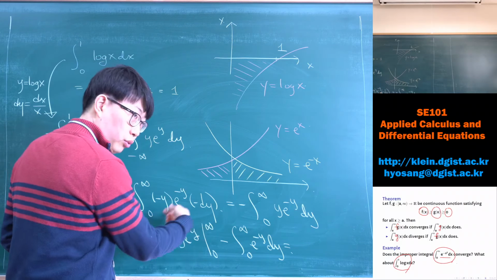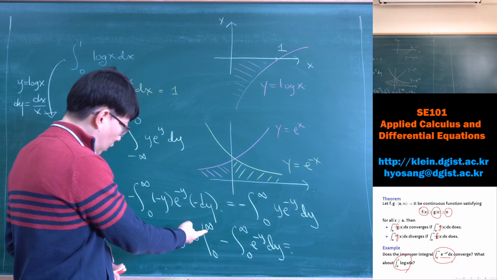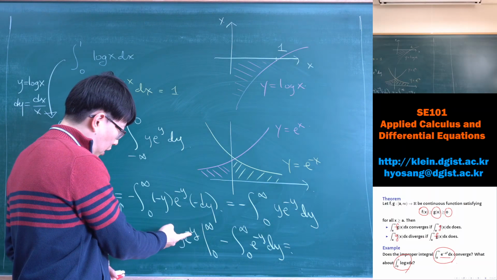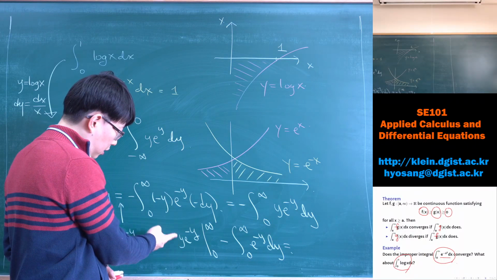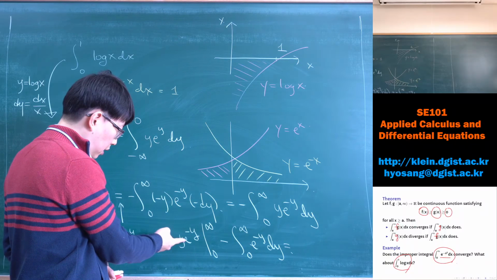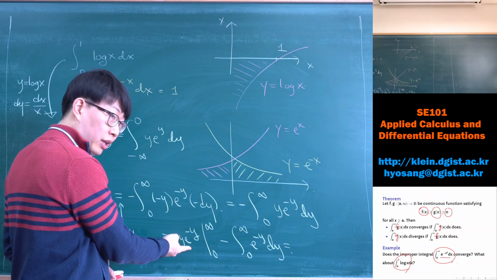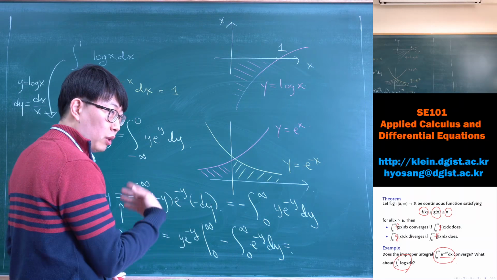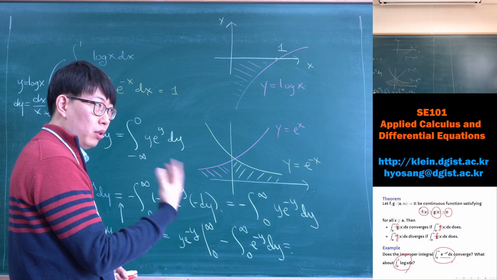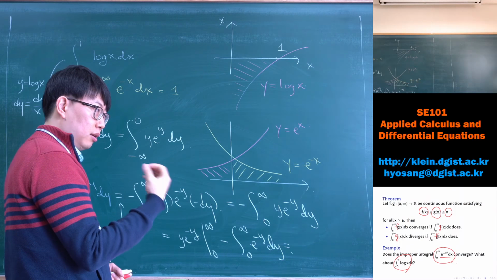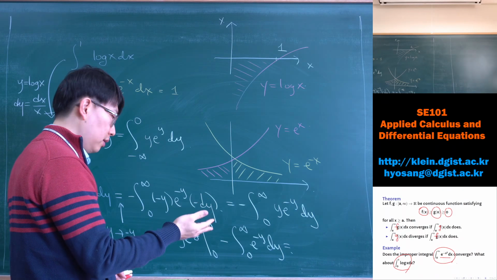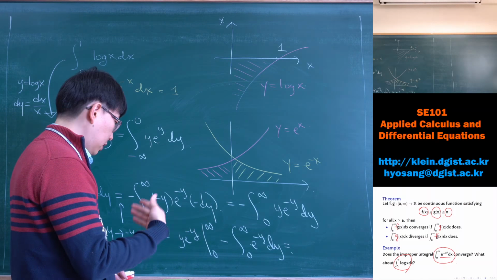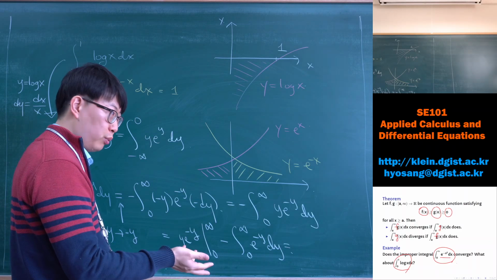Looking at this one, first you have to plug in infinity to y. When I plug in infinity to y here, this is a polynomial, and this becomes 1 over the exponential of infinity. So when y approaches infinity, the polynomial's rate of increase is smaller than the rate of increase of the exponential function.